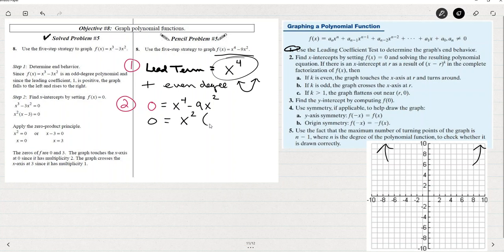I'm going to factor the GCF x squared. X to the 4th divided by x squared is x squared. Negative 9x squared divided by x squared is negative 9. And then I see that I've got the difference of 2 squares. So this x squared minus 9 factors to x minus 3, x plus 3.